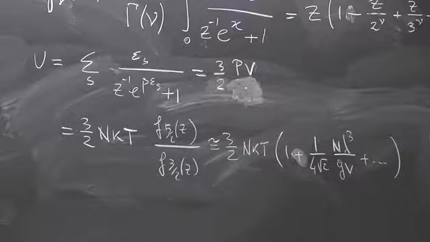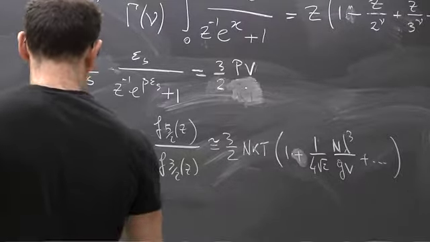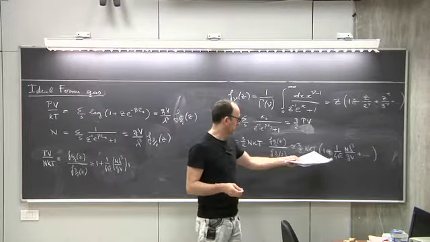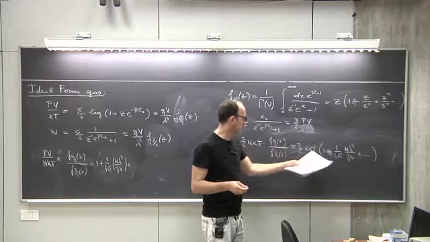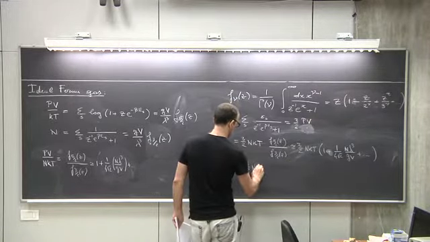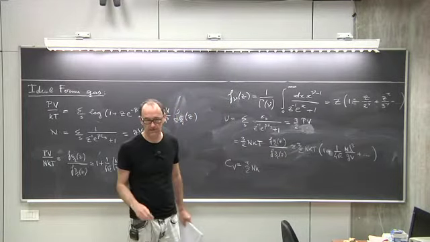Now we can compute the specific heat of the Fermi gas at high temperatures. So the first term is just the derivative of this term here, so it's 3/2 NK. Okay, so this is just the classical ideal gas.